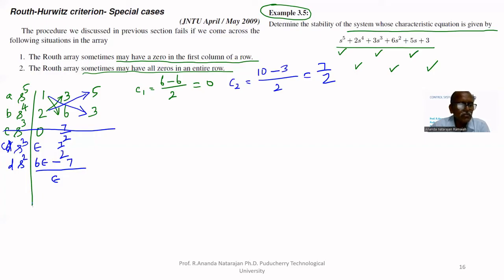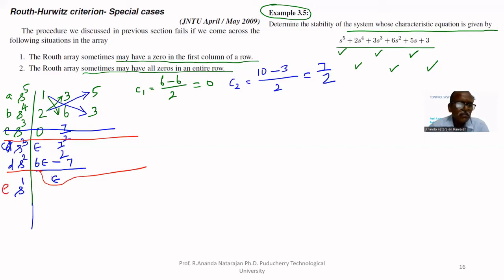Now we have to find the S power 1 row. This has only one element. Here epsilon and 7 by 2 are there in the S cube row. We have to use the S cube row and S square row to find S power 1.